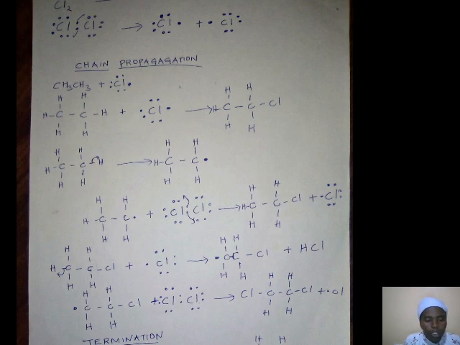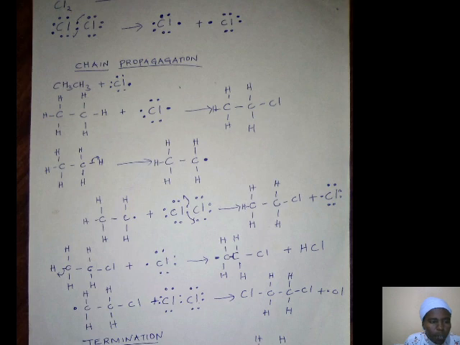Then the chain propagation step, as I have explained, is where the chain is growing or getting bigger and bigger. The molecule that is reacting here is ethane plus the chlorine radical, which will give us chloroethane.